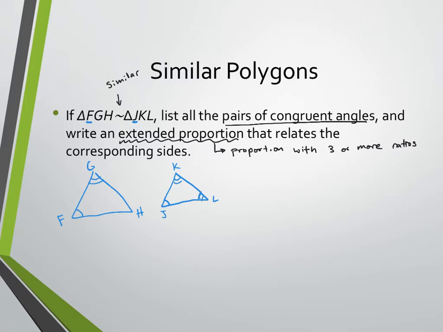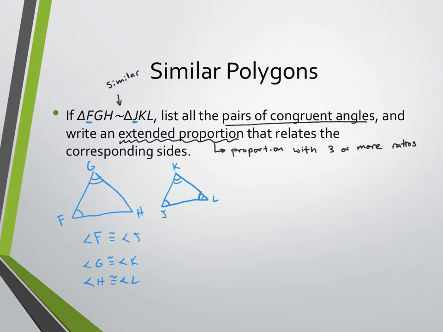So when I make my statements, I don't need the measures. I'm going to say that angle F is congruent to angle J, angle G is congruent to angle K, and angle H is congruent to angle L.